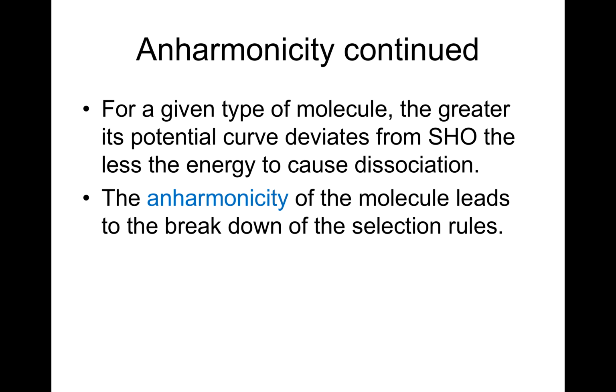The anharmonicity of the molecule leads to the breakdown of the selection rules. For a simple harmonic oscillator, delta v is equal to plus or minus 1.